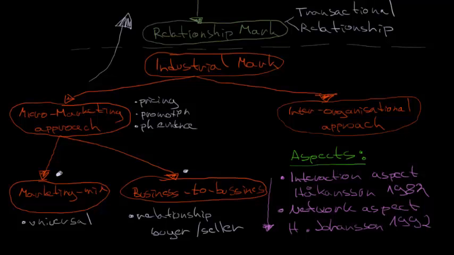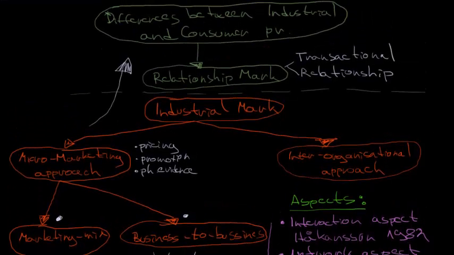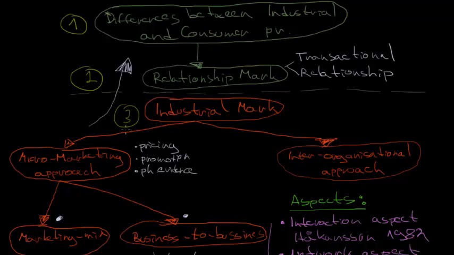So this is going to be, once again, the structure of our next videos. In the beginning, we will focus on the differences between industrial and consumer products. Later on, I will introduce you some ideas from the relationship marketing if you haven't watched the videos from this chapter. Then I will give you some introduction to industrial marketing and the basic division between these two approaches.